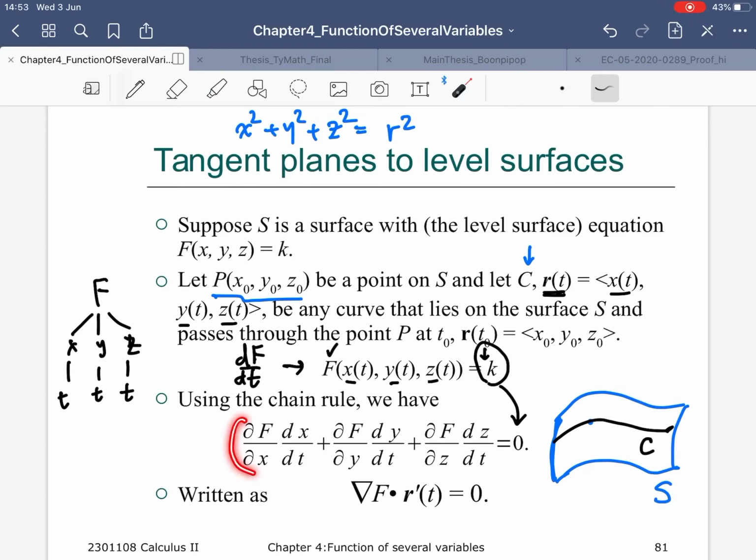All these three terms are the contributions to your df by dt from each component, so these three terms added together equal 0. This looks like f sub x, f sub y, f sub z as a vector, dotted with x prime, y prime, and z prime as a vector.